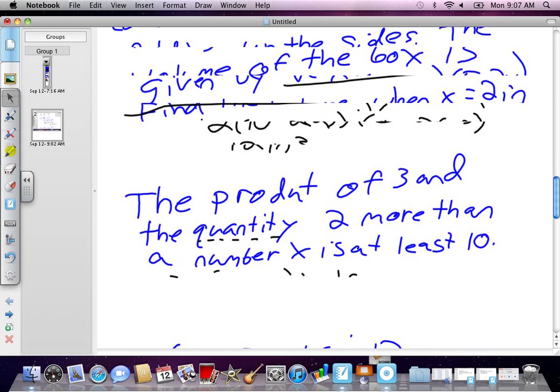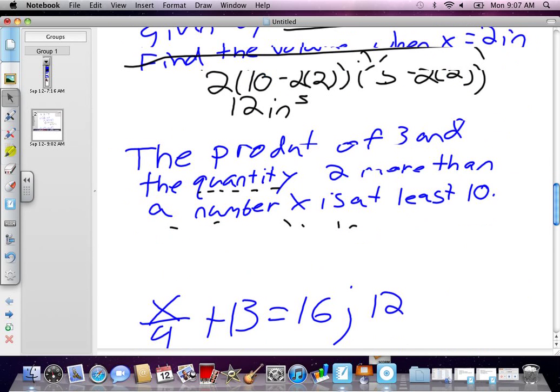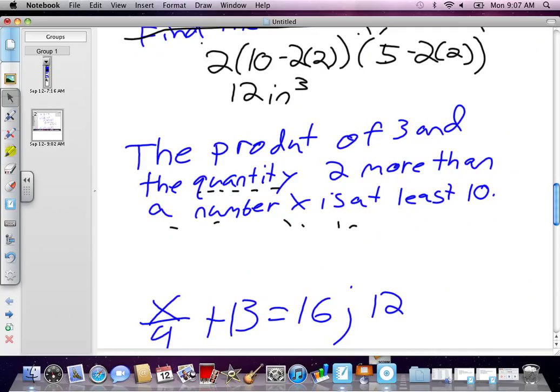Okay, I'm going to move this up. The product of 3 and the quantity of 2 more than a number x is at least 10. Do we remember what quantity means? Parentheses. So we've got the product. Product means multiplication.